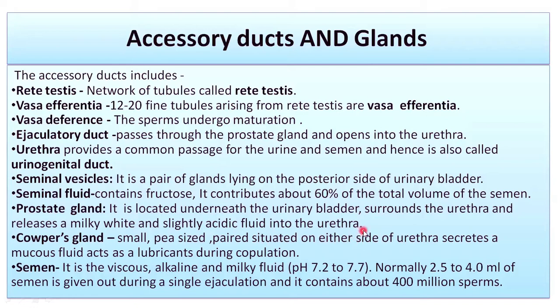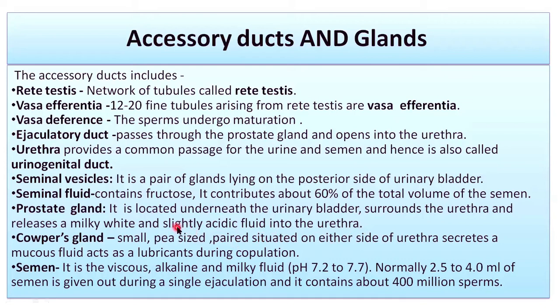With the semen, the prostate gland and bulbourethral gland also produce their fluid. The prostate forms about 30% of the volume of the semen. It is a large, single gland made up of 20 to 30 lobes, located underneath the urinary bladder.